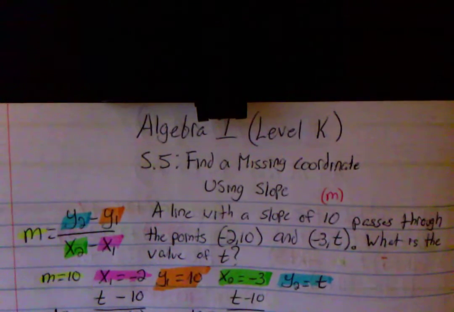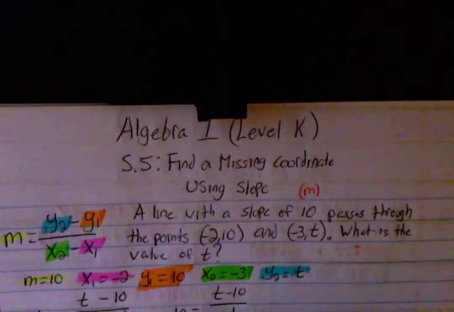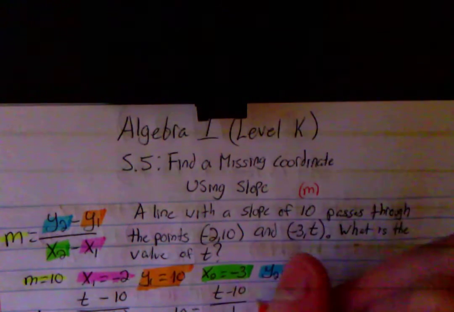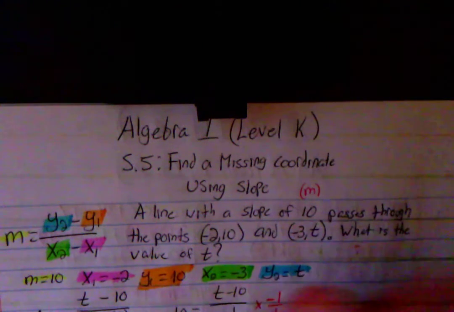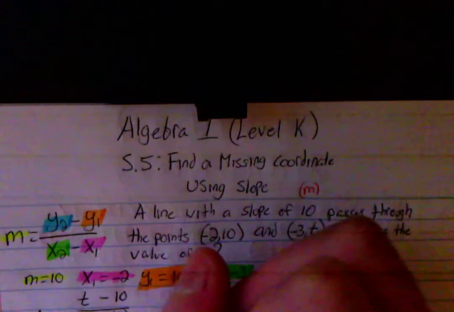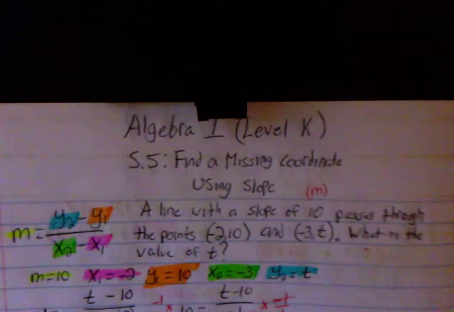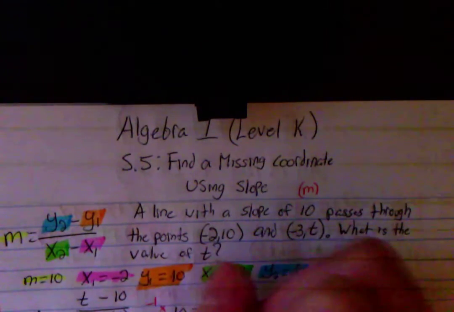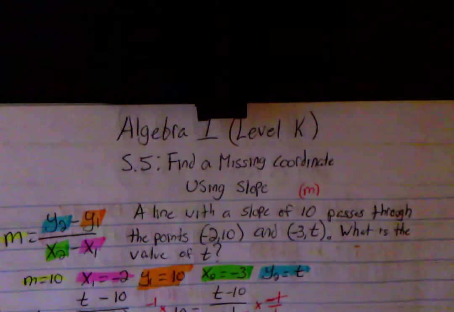Now, if we're looking, we see that it is an equation, and it's a linear equation, and we can solve it by multiplying by -1 over 1. These cancel. Multiply this by -1, and you will get -10 equals t minus 10.